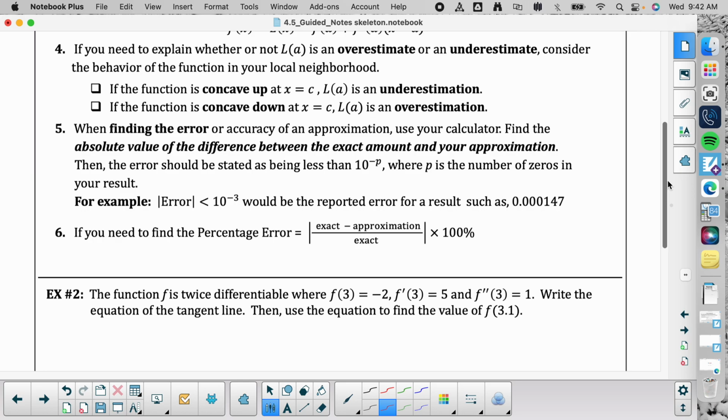But we're not going to do anything with that. We may have to find the percentage error, which just means how far off is your guess from the exact answer. And you do that by subtracting the two answers and dividing it by the exact. And we don't care if it's positive or negative.